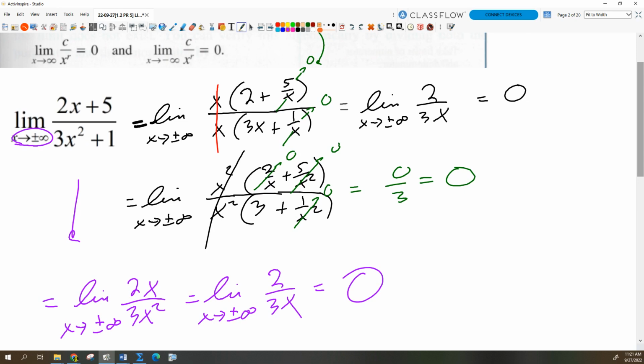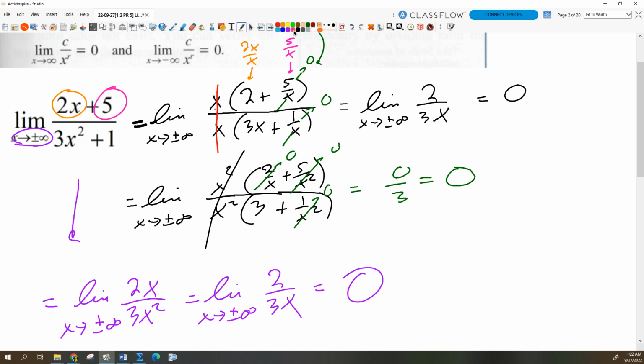The way we get this term right here is we're going to take 2x and we're factoring out an x. So 2x over x gives us 2. To get this one, we're using the 5 and we're dividing by x. So 5 over x doesn't simplify; it just gives us 5 over x.